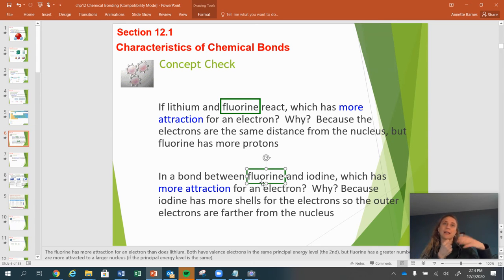The nucleus of the iodine can't even get close enough to other electrons to really pull on them hard. Kind of like magnets. When you put magnets real close to each other, they have a real attraction to each other. If they're a lot farther apart, you can hardly sense any attraction at all.